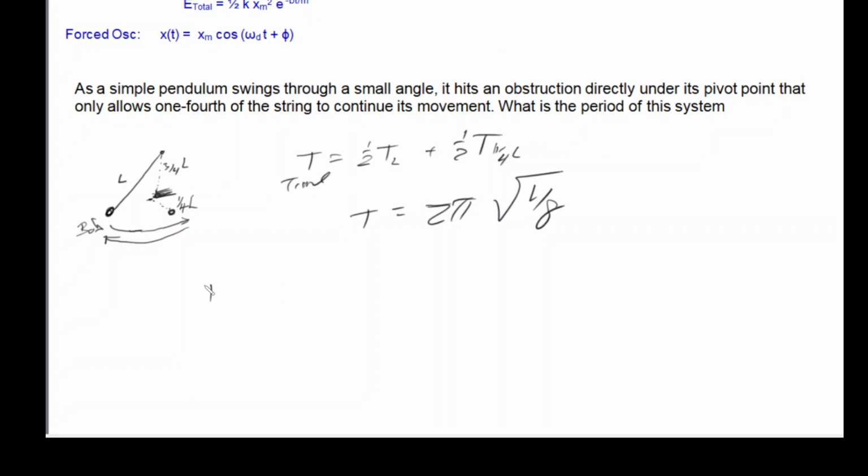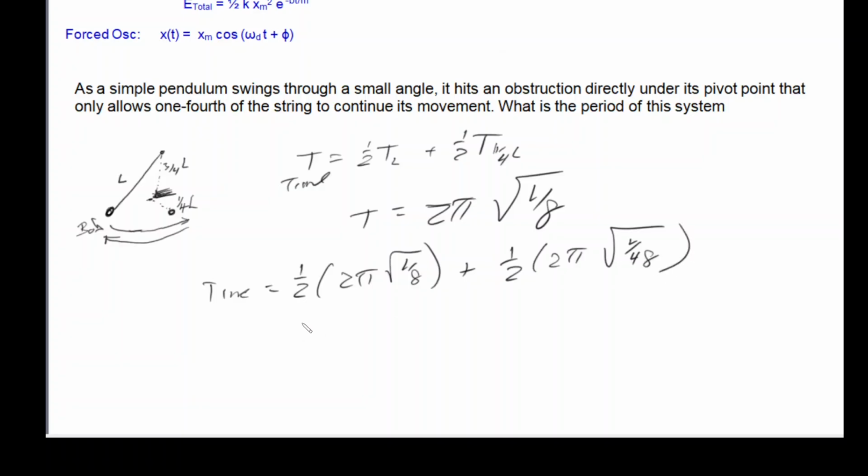So that's equal to 1/2 times the period of the full string, which is 2 pi times the square root of L over G, plus 1/2 the period of the quarter string, which is 2 pi times the square root of, well, L is L over 4 now, over G, which actually becomes 1/2 2 pi the square root of L over G plus the square root of 1 over 4, which is 1 over 2, so that becomes 1/4 times 2 pi square root of L over G.